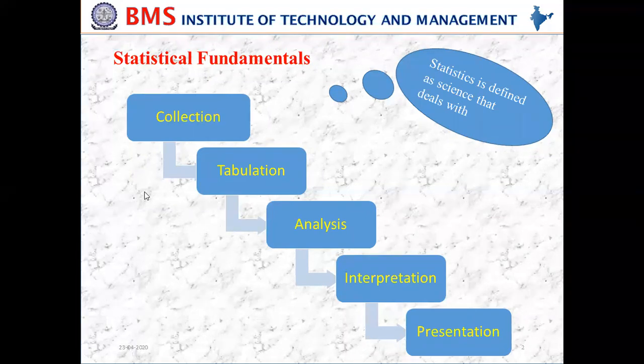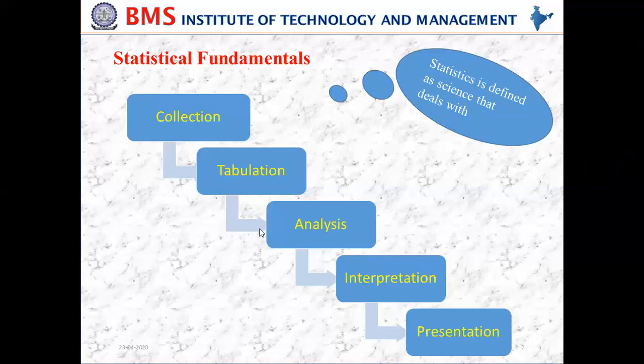After analysis, you will know what kind of data, what kind of frequency, and what kind of defects are occurring more. Based on that we can infer the data. That is what you call interpretation of data. After interpreting, you can present this data, say, defect 1 is occurring x number of times, and defect 2 is occurring y number of times.